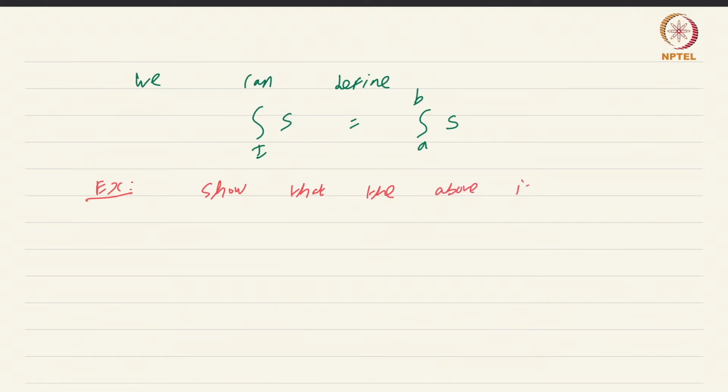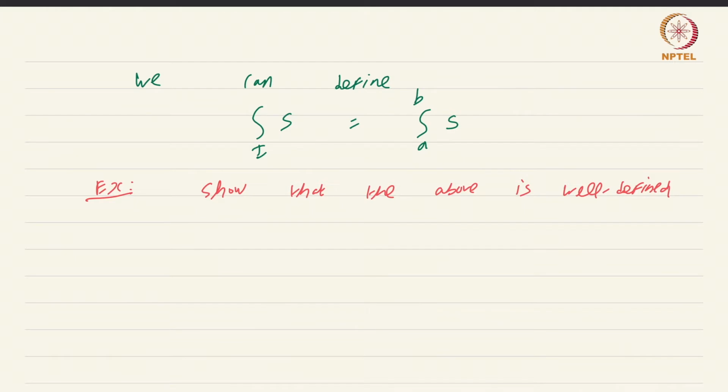The issue that can arise is there could be more than one closed interval [a, b] outside which s is identically 0 and s restricted to [a, b] is a step function. It's very easy to see that there can be more than one such interval.